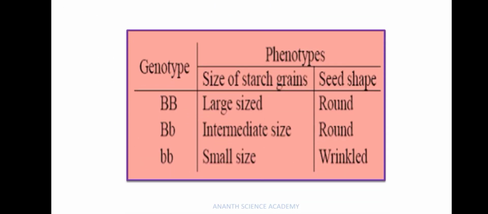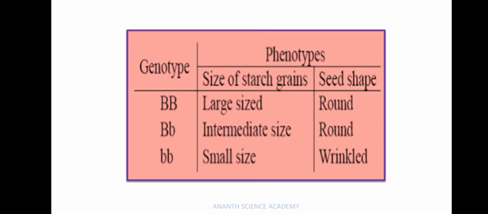In this tabular column, the genotypes and the different phenotypic expressions are shown. The genotype capital B capital B produces large sized starch grains and round shaped seeds. Capital B small b genotype produces intermediate size starch grains with round seeds.